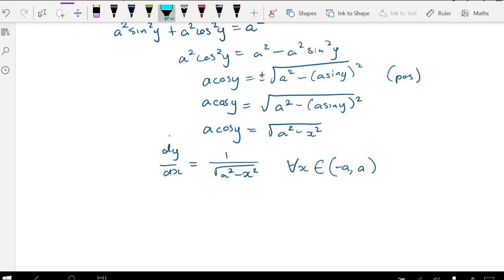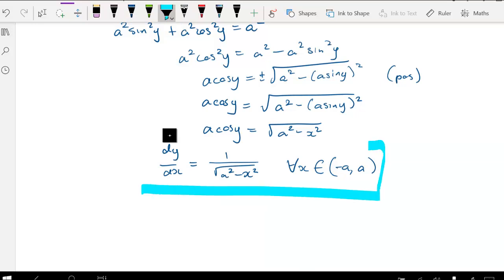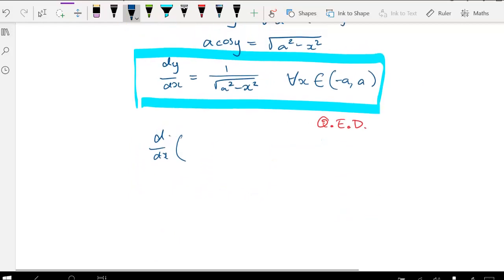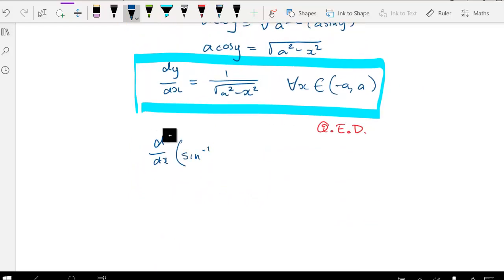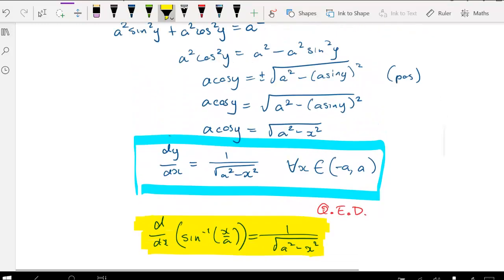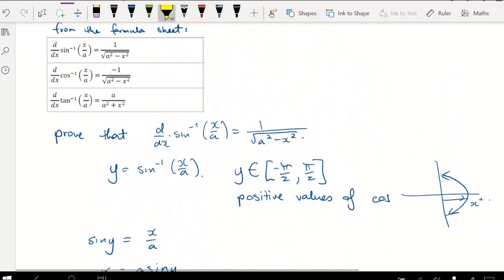And there we have it. We've proven what we wanted to prove, that the derivative of arc sine x on a is equal to 1 over the square root of a squared take x squared. There is our first derivative rule proved.